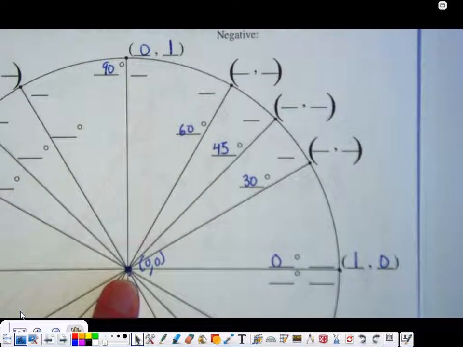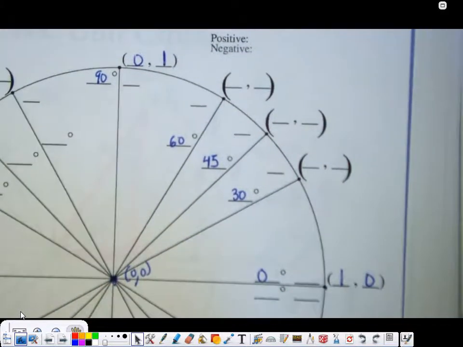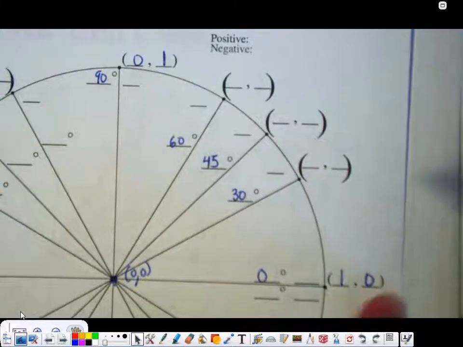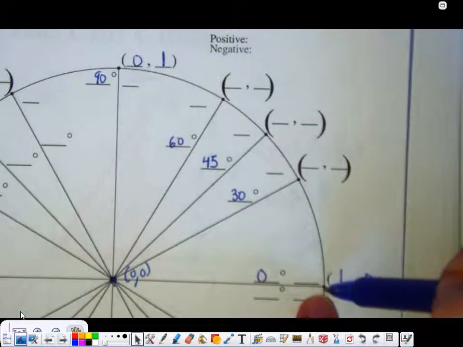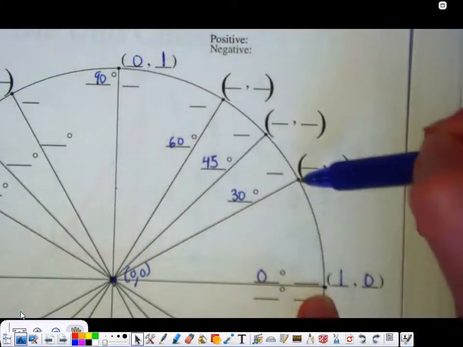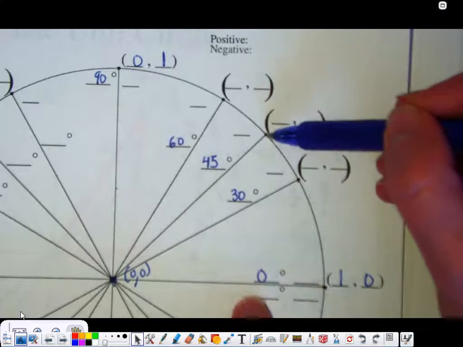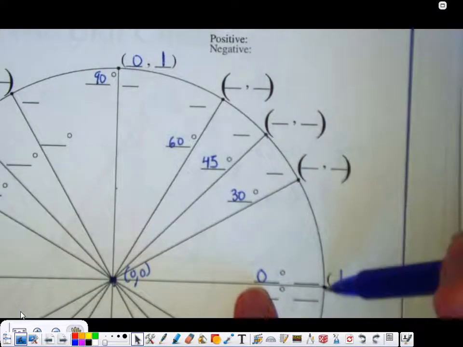When you're doing this, do you want to do x or y first? It doesn't matter. Let's say we do the x's. If you look at the x values, this point right here is the farthest over of all the x values. This one would be a smaller x value. This one is not as far over as this one.